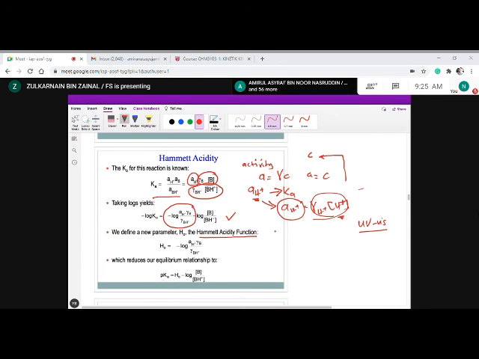So the part which has the activity of H plus and also the activity coefficients of B and BH plus. So that is the acidity function, right? So you know now what the Hammett acidity function is, okay?